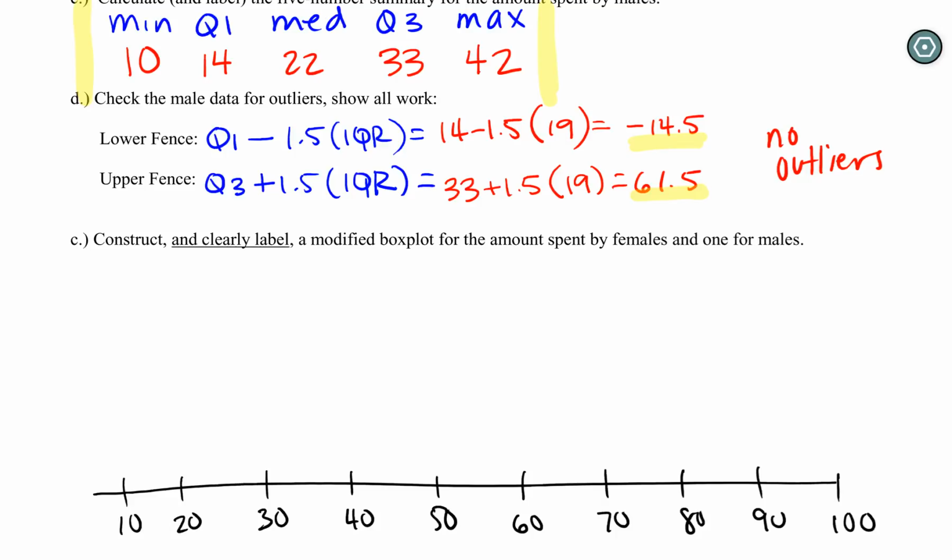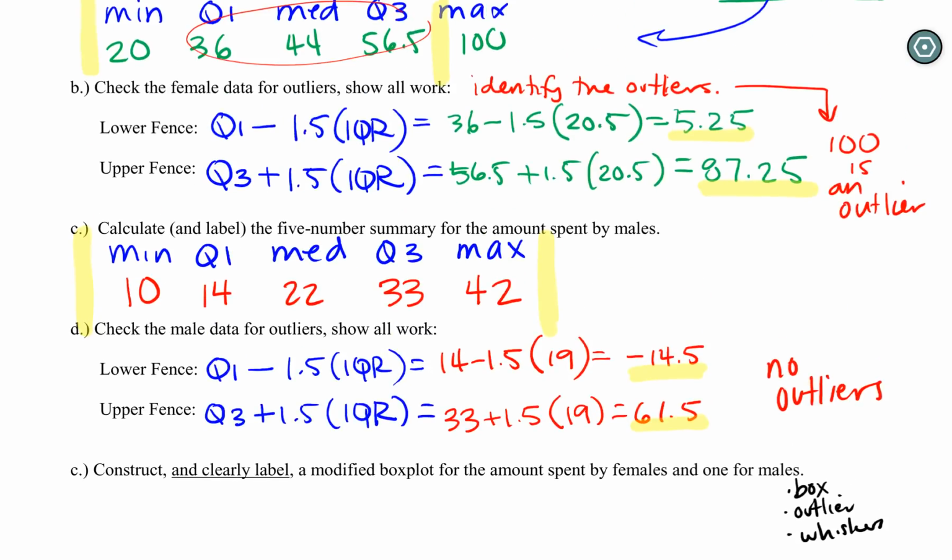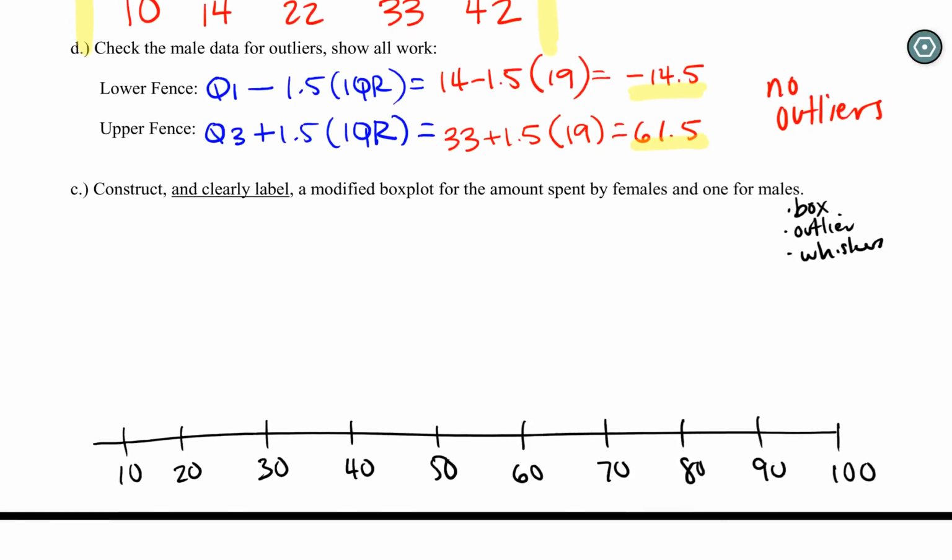So remember the order I like to do with this. The box, then the outliers, then the whiskers. So for the females, our box section is 36, 44, 56.5.